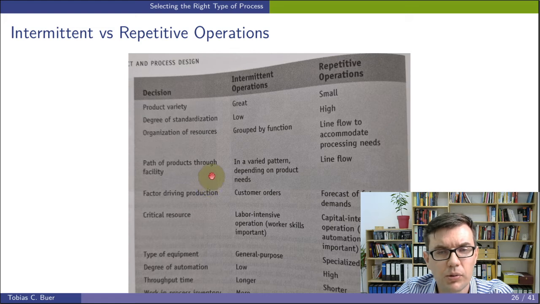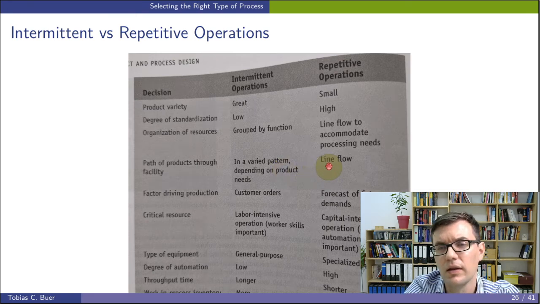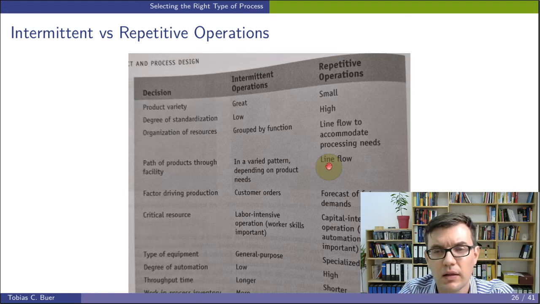The path of the products through the facility, therefore, is in a varied pattern. So every product might visit the machines in different sequences. And for the line flow, it's always the same, namely in the same line. Think of the hospital.